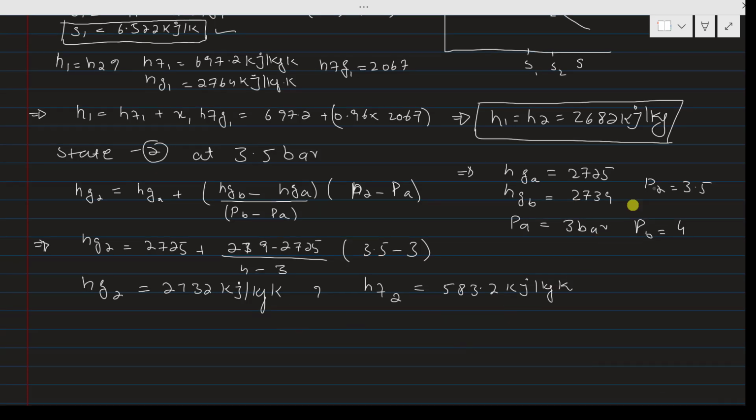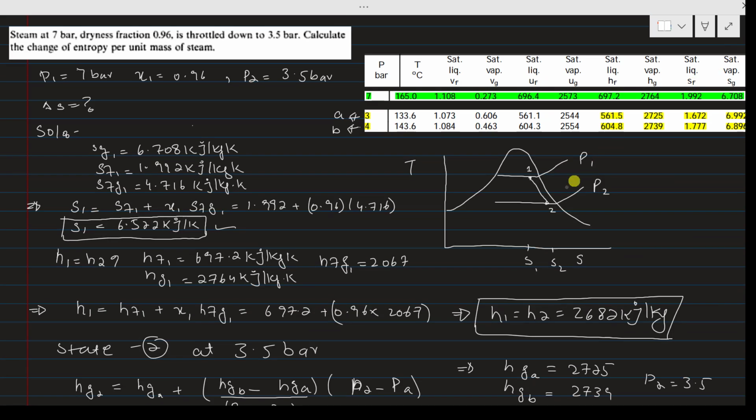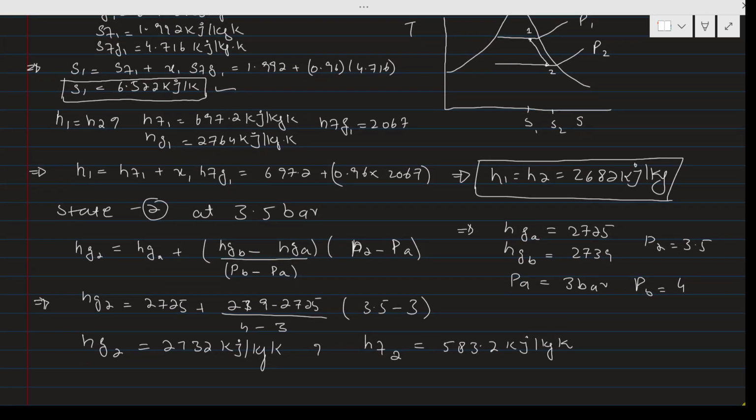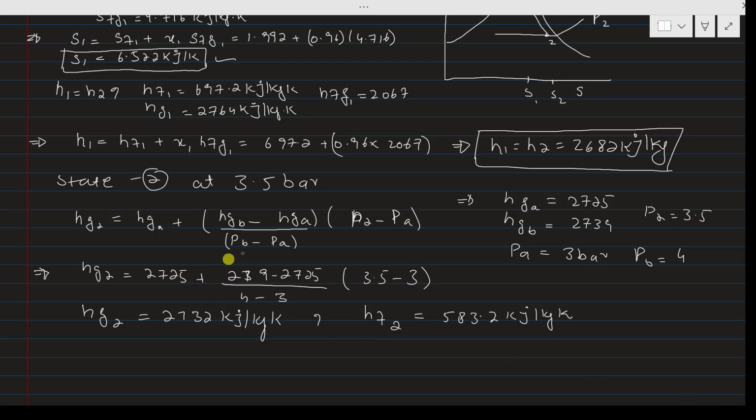So next, we need to find the dryness fraction at this state point 2. How will you calculate that? It's very simple. The enthalpy at state point 2 is calculated already. So the dryness fraction x2 will be equal to h2 minus hf2 divided by hfg2.